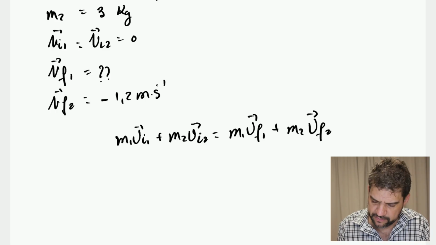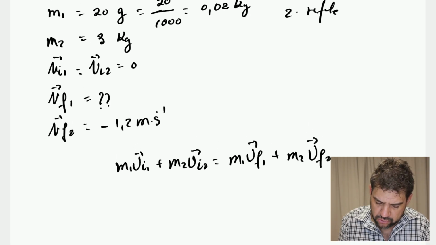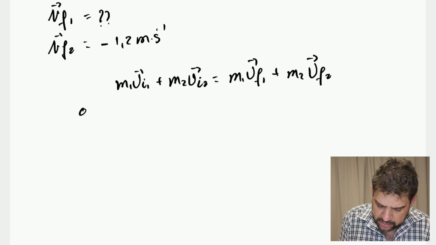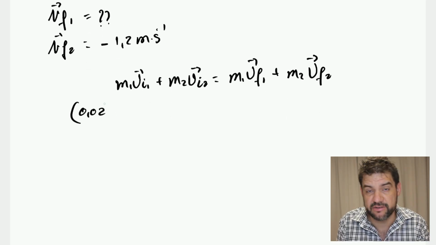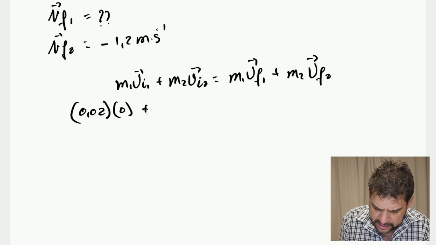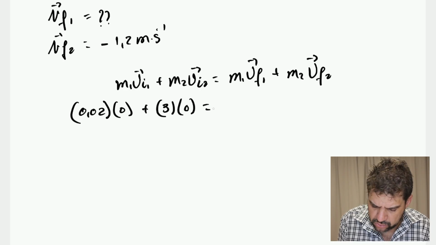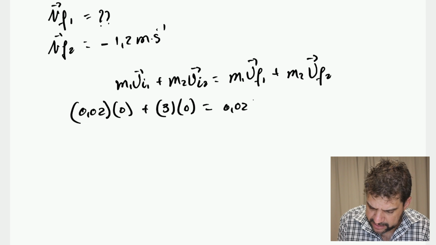So if you substitute, which we are going to do, M1 is 0,02, so it's 0,02 multiplied by the initial velocity, 0 for both of them. Let's substitute it anyway: 3 multiplied by 0, and this is equal to 0,02 multiplied by the final velocity 1, which is what I'm looking for.